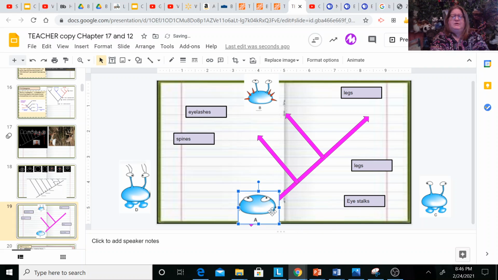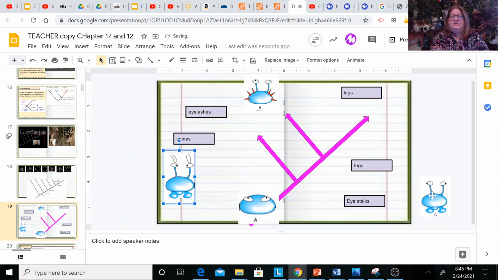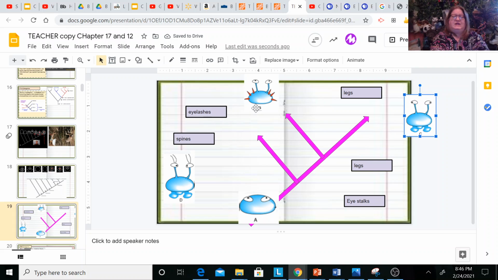And so let's think about what would go next in our grouping. One helpful thing to think about is what do they have in common and what do they have different? What characteristics do they differ in? And so think about, we've got B, which does not have legs, but he has eye stalks, spines.